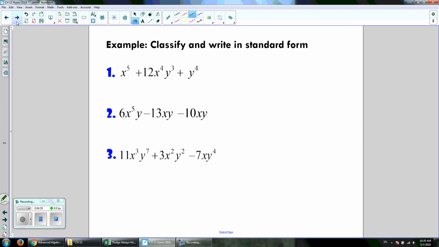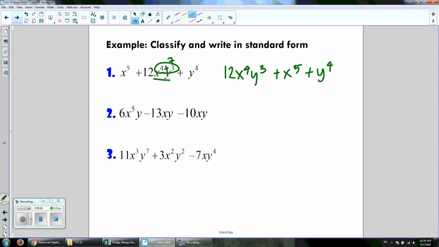What I want you to notice in number 1 is now for the first time we have 2 variables on the same term. So the degree of that one is the addition of those 2 exponents, which makes that a 7. So that makes my first term when I'm writing it in standard form, because then 7 would be my highest degree. Then I would have my x to the 5th, and then I would have my y to the 4th.